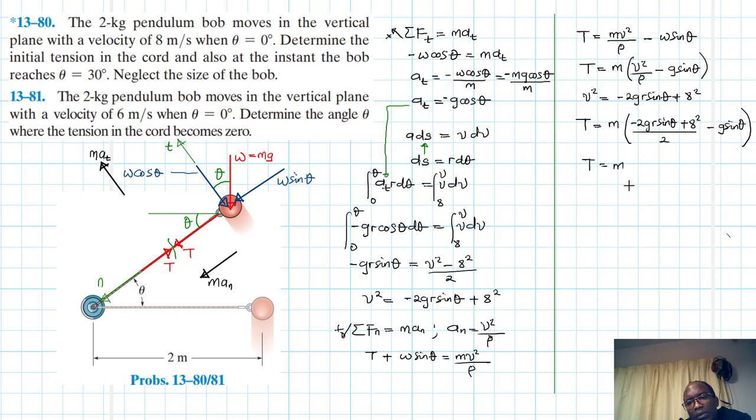Okay, so let me write this. So one part of this cancels, then here just becomes 64, so this just becomes 32, right?